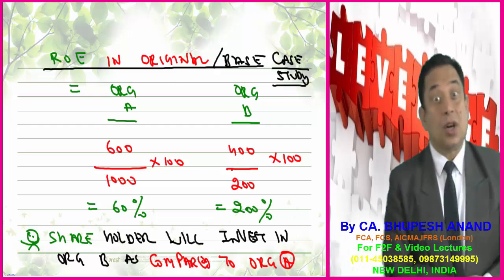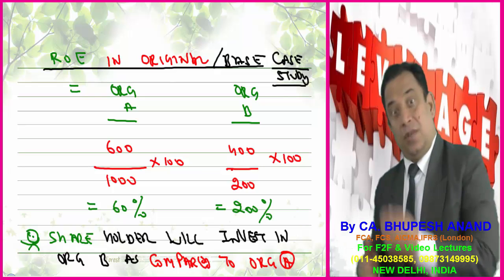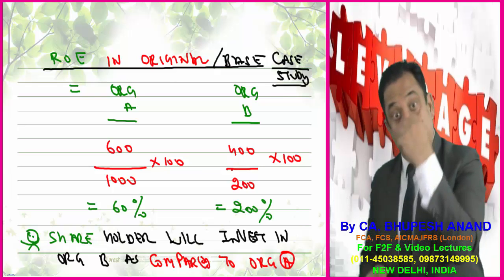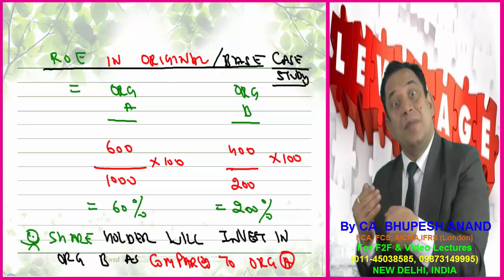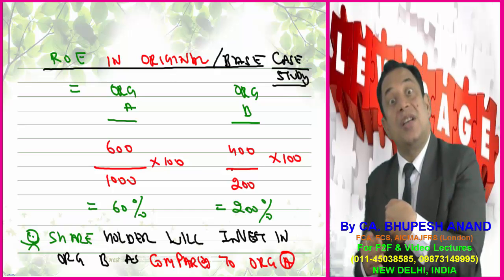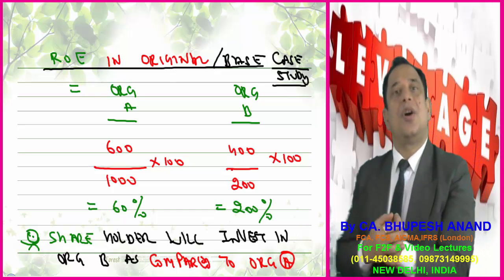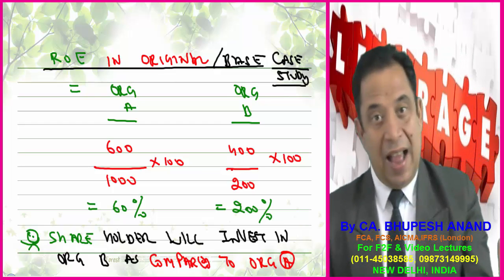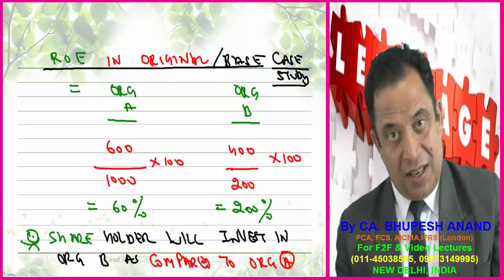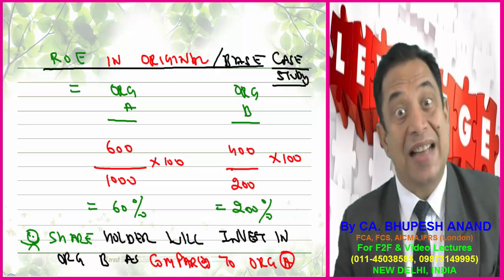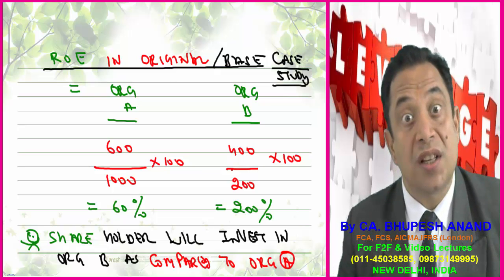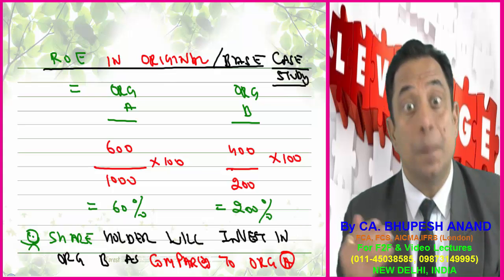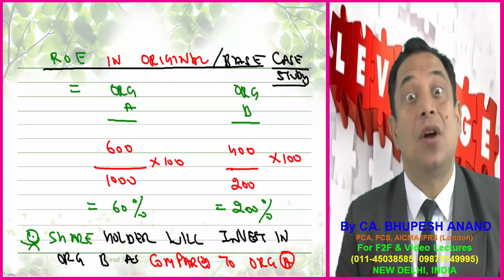And in case of organization B, on every $100 of investment by equity, the organization is giving a return of $200. So there is a difference, $100 versus $200, and in the first case a return of 60%. But naturally, as an equity shareholder, you will go to organization B because it has a higher ROE.